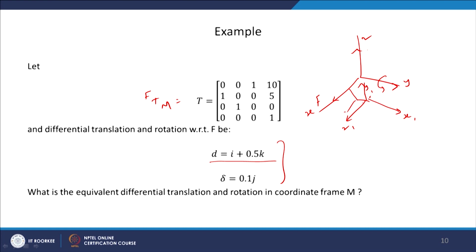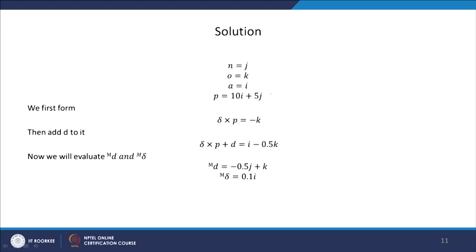Now, the same change, the new position, can also be obtained by giving small changes with respect to the current frame itself. So, how much translation and rotation should be given with respect to the current frame for obtaining the same effect? That is calculated by this formula as given here.